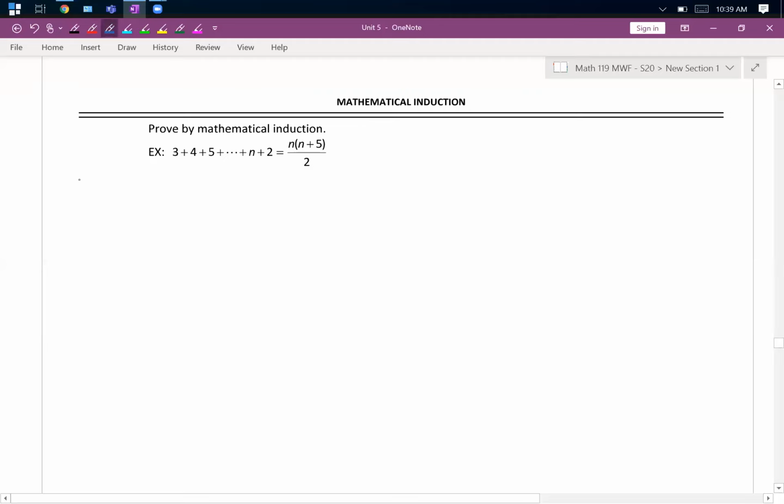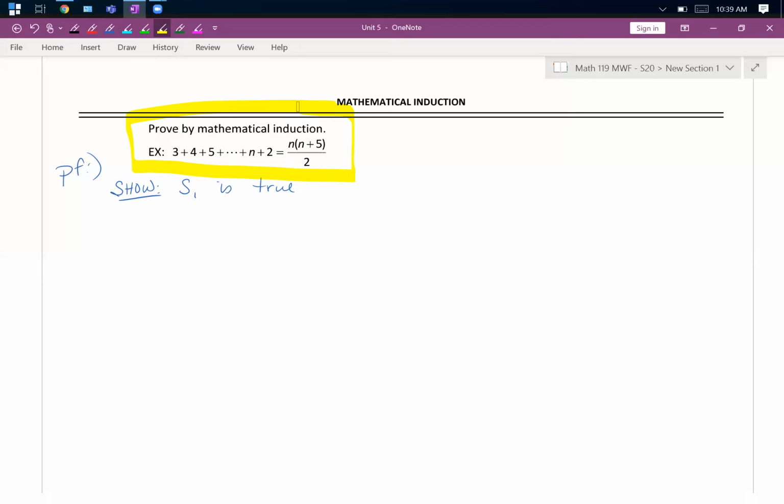So here it goes. I usually just start off a proof with PF, just because sometimes I do side work ahead of time and I want to announce that I'm actually starting my proof. All right, the first thing that we're supposed to do is show that S sub 1 is true. I guess I should start with what we're even trying to prove. We're trying to prove this statement by mathematical induction. Now, we've got a formula for the partial sum for an arithmetic sequence and a geometric sequence.